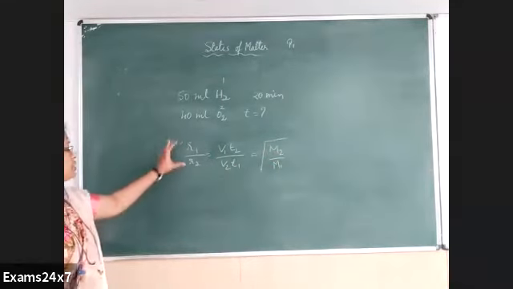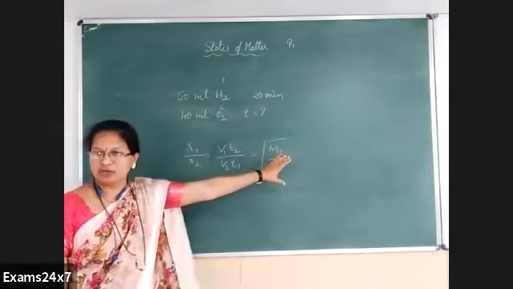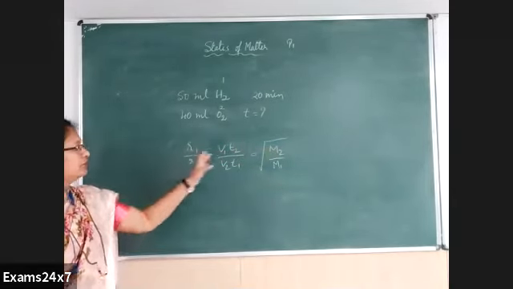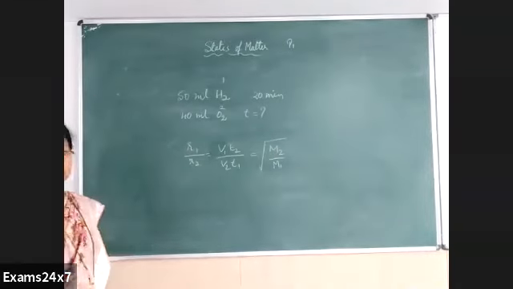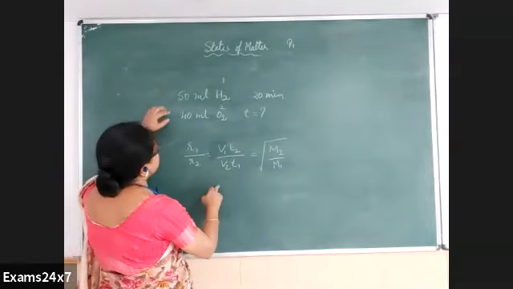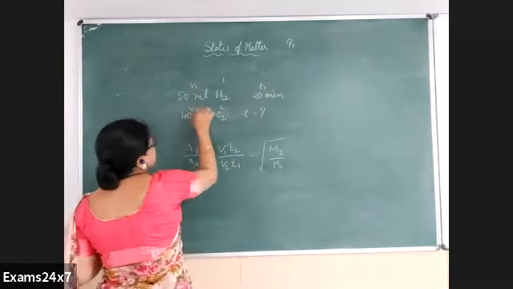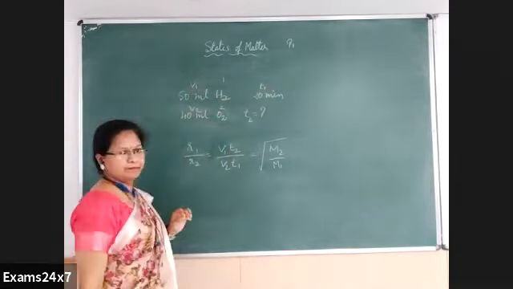This molar mass ratio is known, but R1 and R2, none of the values are given. Therefore, we can use this ratio. Now substitute. This is V1 and this is T1. This is V2, T2 to be found.